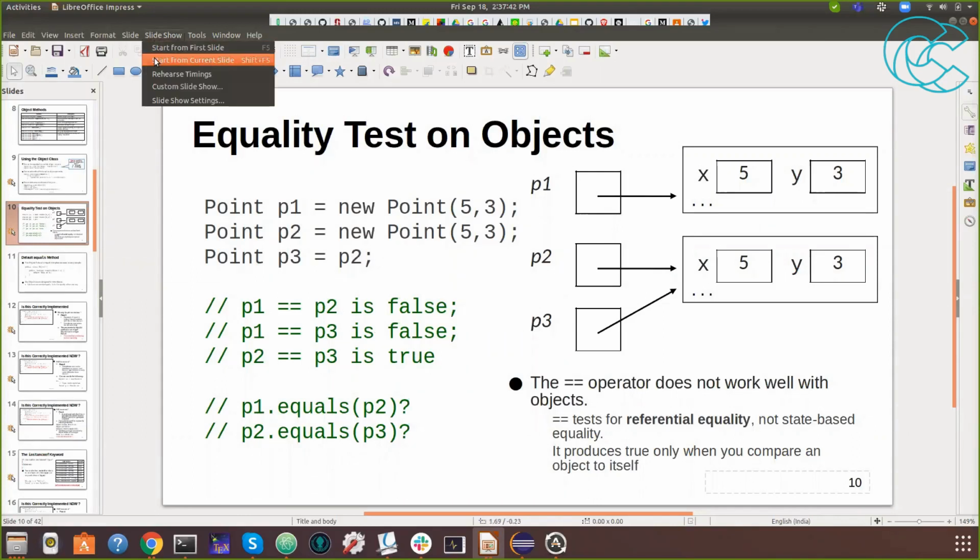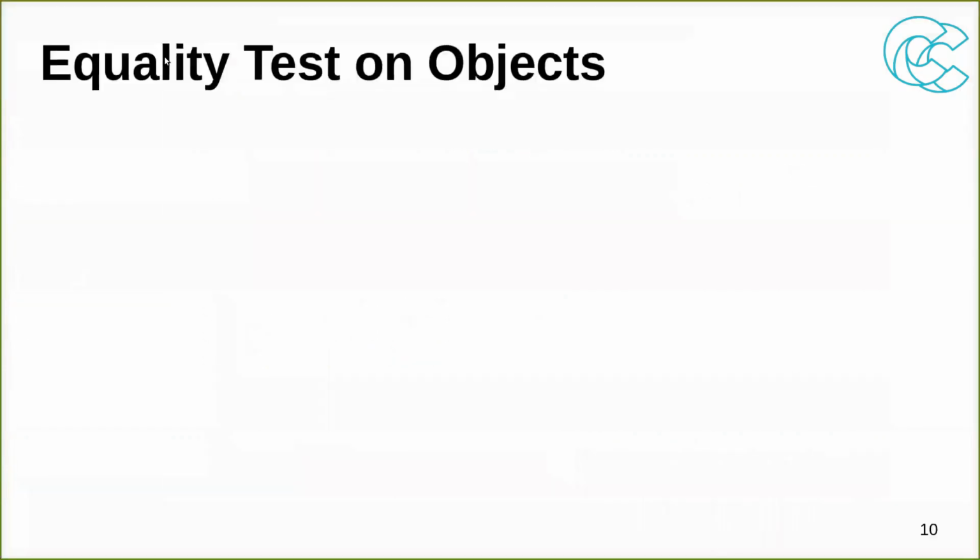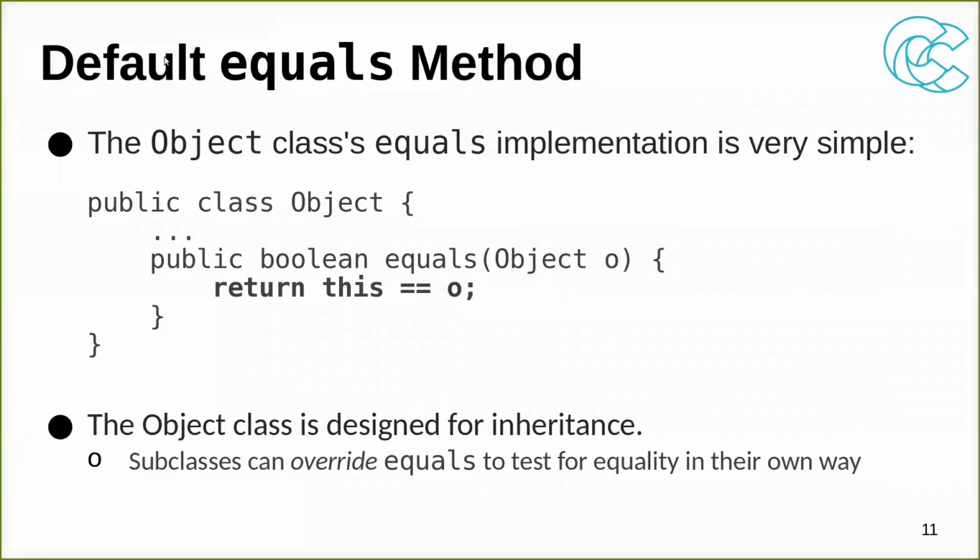The default implementation of equals is pretty simple. It returns a boolean and it takes a generic type called Object, so you can pass in any type. It simply uses the double equals operator. It checks whether the value on the left hand side is the same as the value on the right hand side. If it is the same, it will return true.